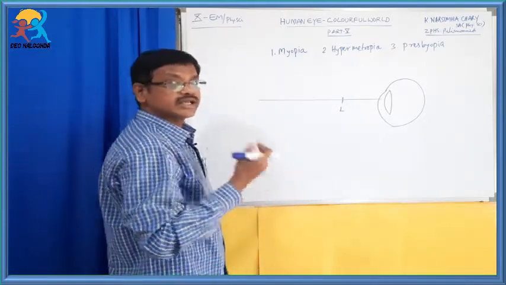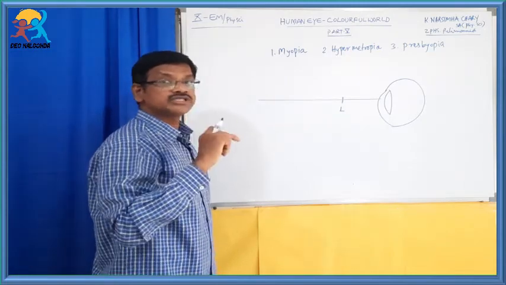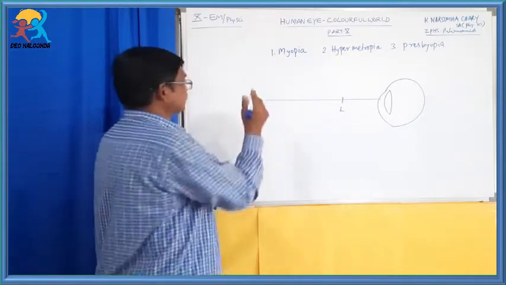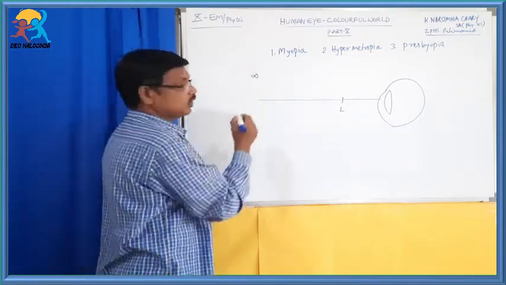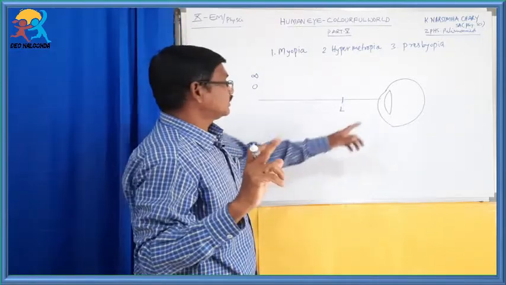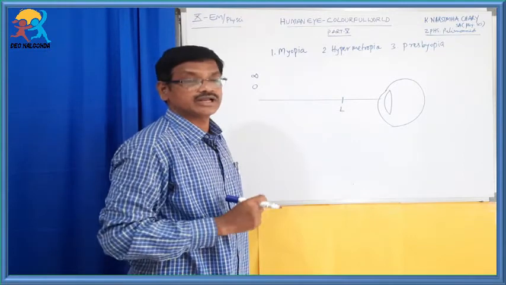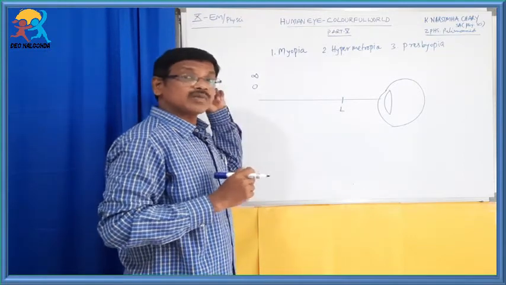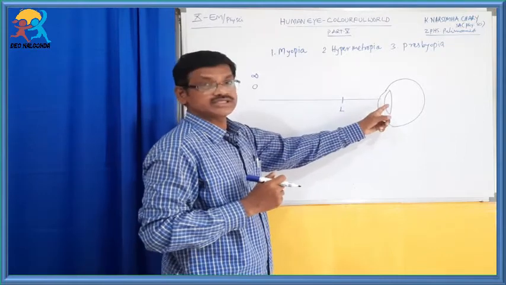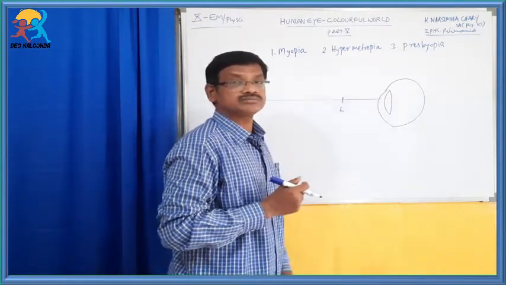And in the case of myopia, when object is at longer distance, for example at infinity, the person suffering from myopia cannot see the object clearly. That is, the rays coming from the object after refraction through the lens form an image before retina.